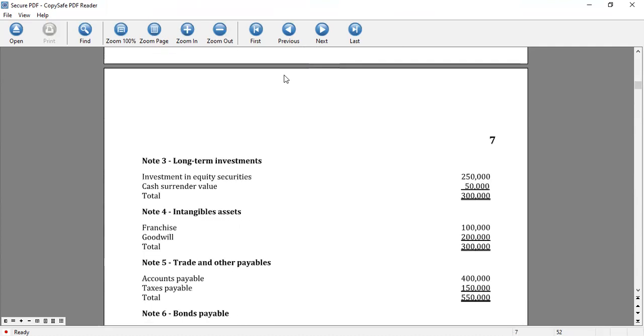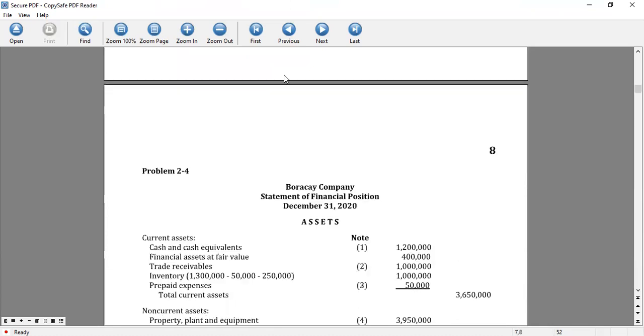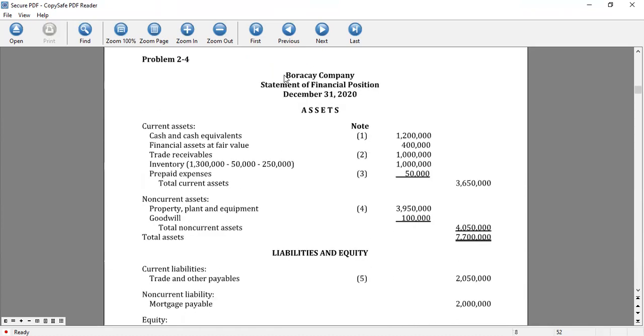Now, with the corresponding notes and computations with regards to the final amounts. Okay, I will be discussing next 2-4. Again, the requirement is statement of financial position for the following. We have the current assets for cash and cash equivalents.